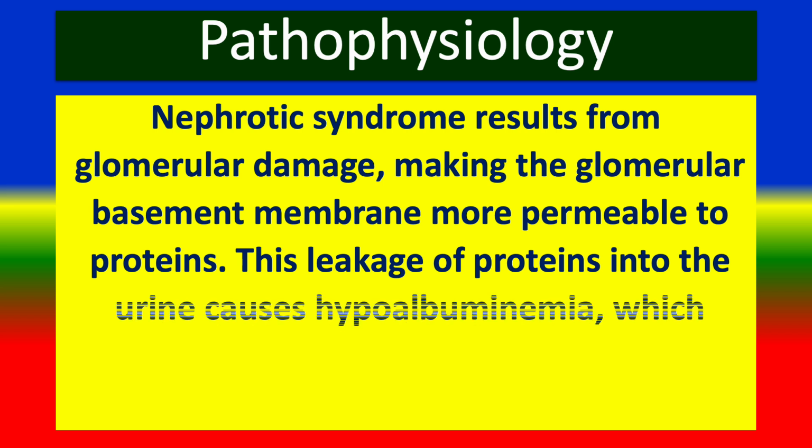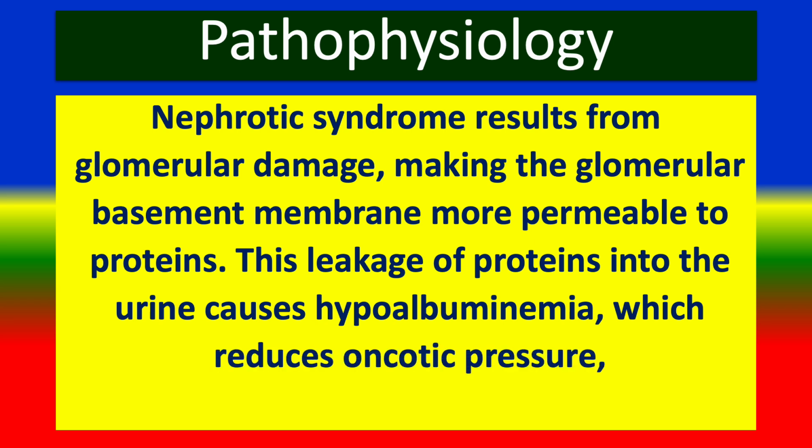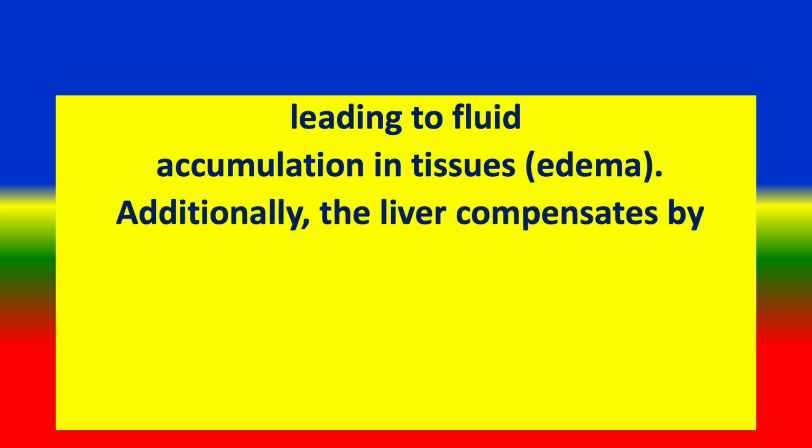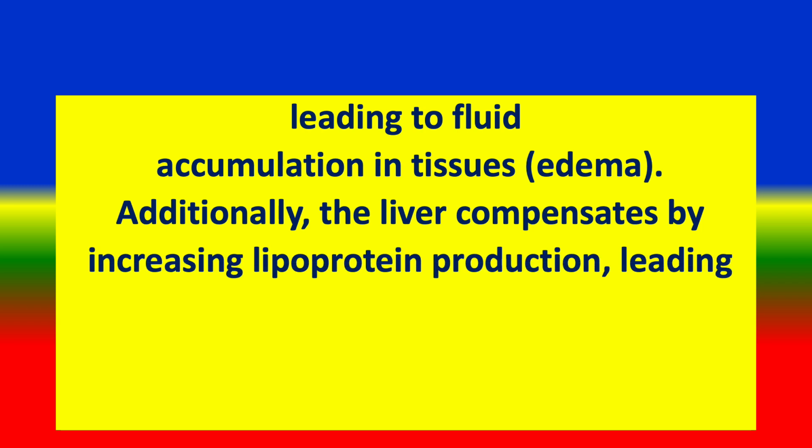This leakage of proteins into the urine causes hypoalbuminemia, which reduces oncotic pressure, leading to fluid accumulation in tissues, edema. Additionally, the liver compensates by increasing lipoprotein production, leading to hyperlipidemia.